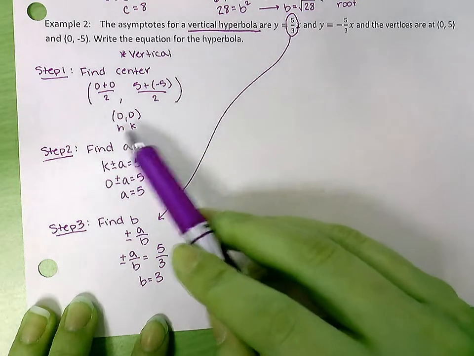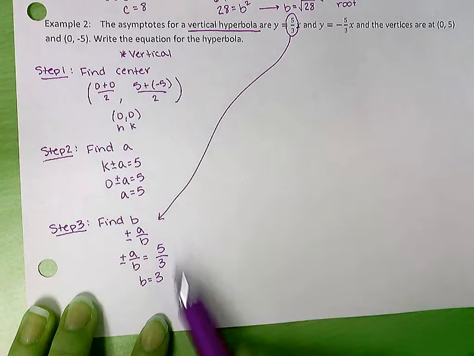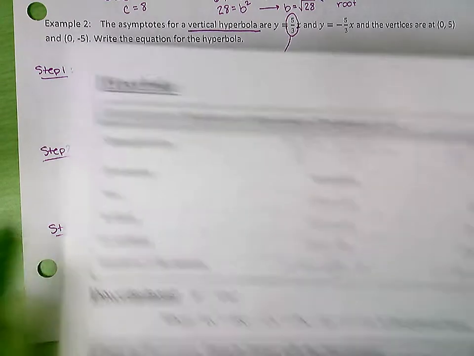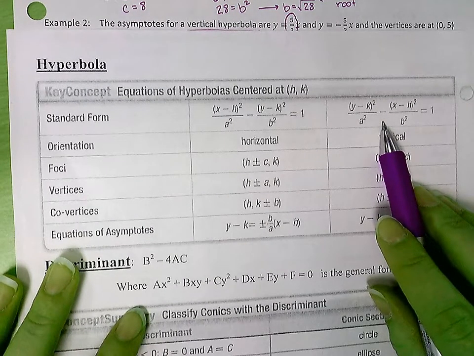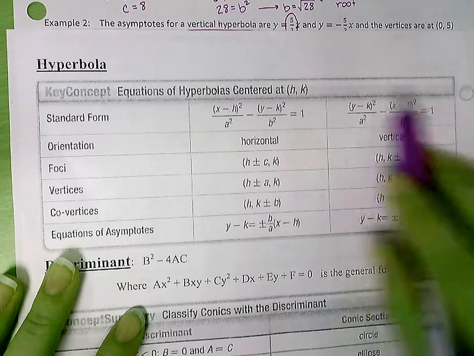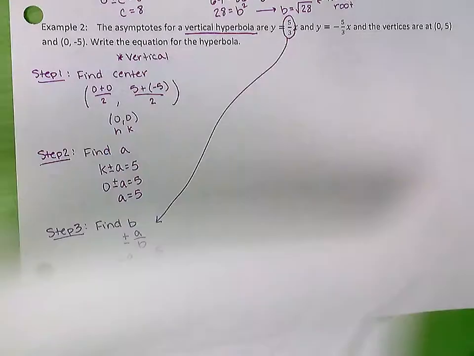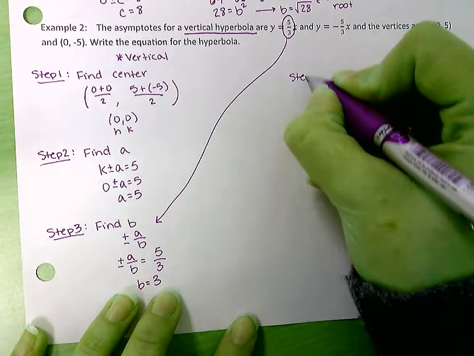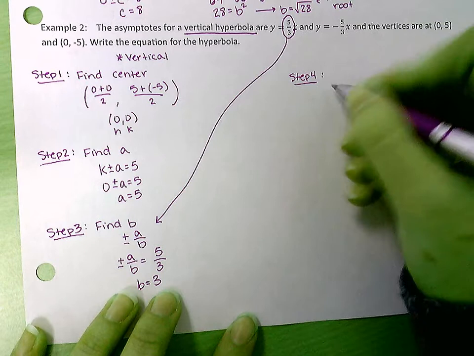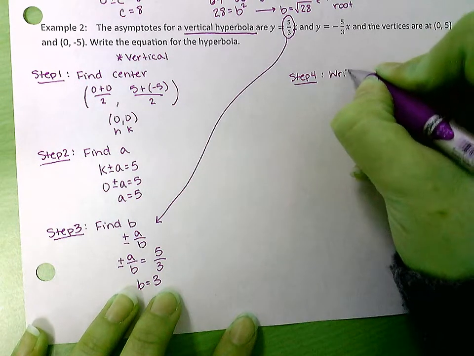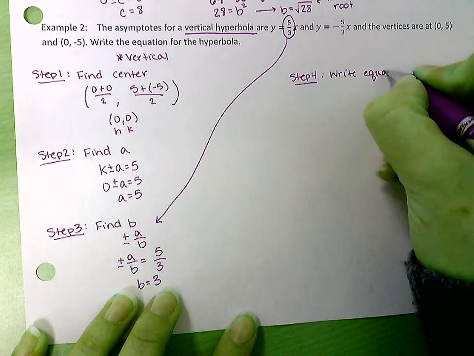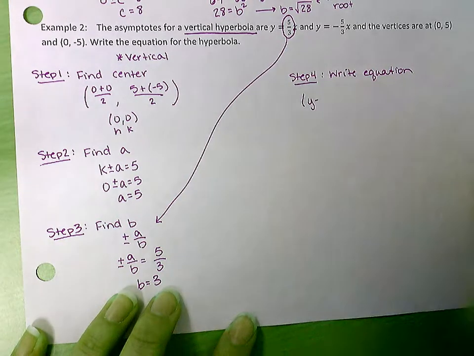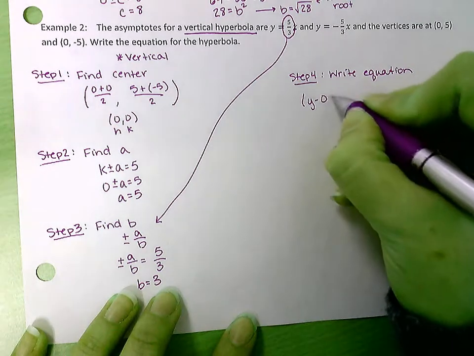Okay, so now I have h, k, a, and b. So I can plug that into my standard form here. Since it is vertical, I need to use this one. So we're going to take, in step 4, y minus our k value, which is 0.